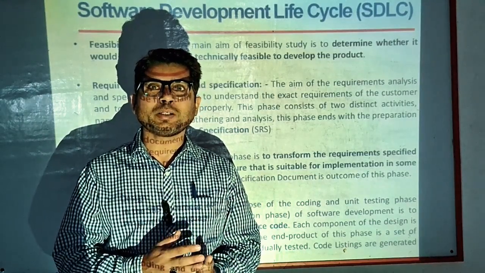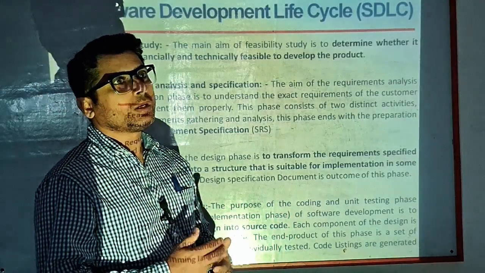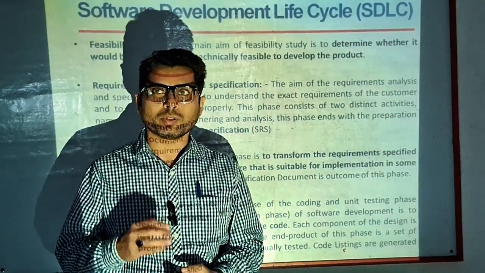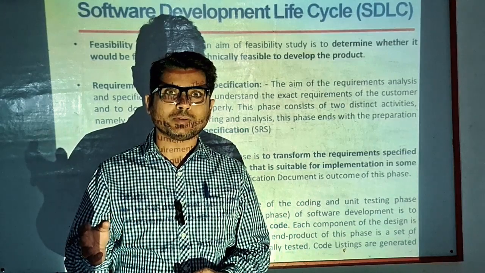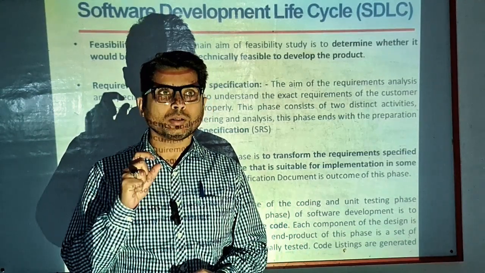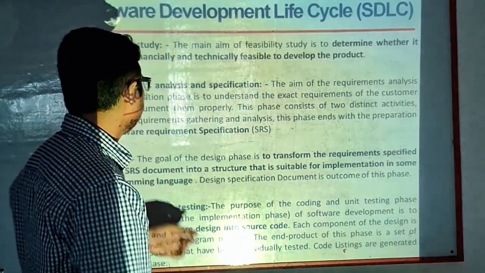So if the requirement is not there, if the demand is not there, then the sale will also be affected. So if there is a software needed in the market and there are not many options available, and you build that software, that will be your feasibility positive response.